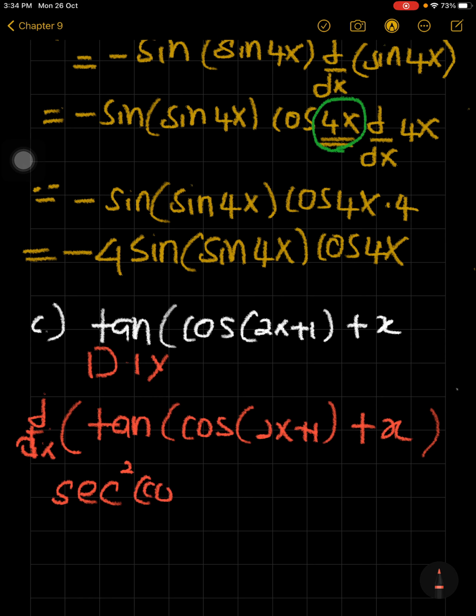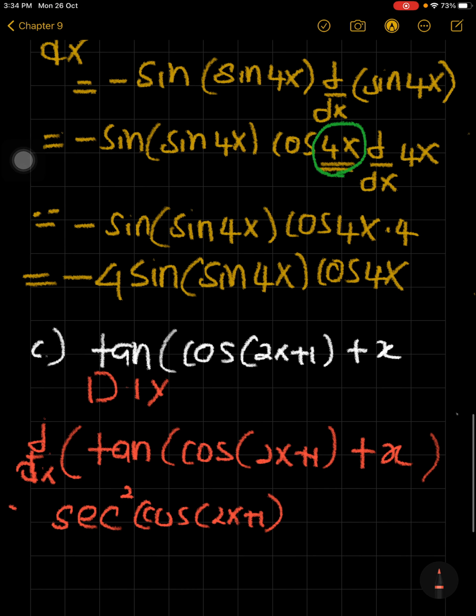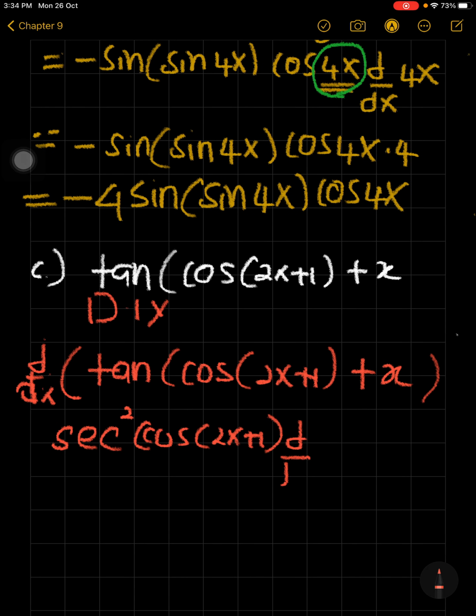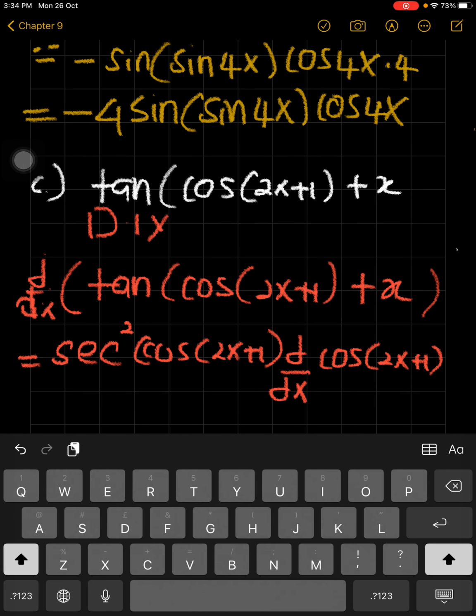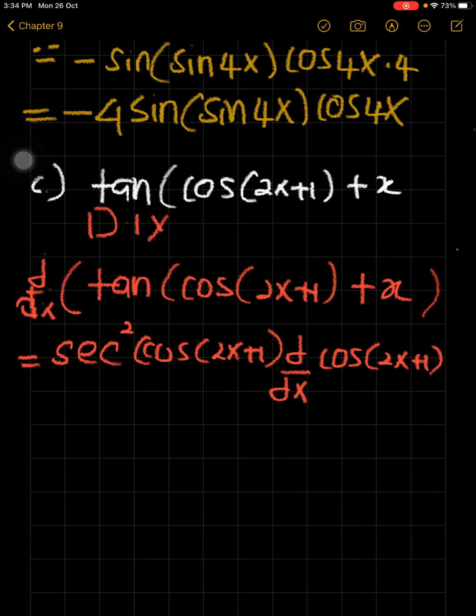Secant square cos 2x plus 1, and then you have to differentiate cos 2x plus 1 tu. Okay, so bila you differentiate tu, you akan dapat secant square cos 2x plus 1.